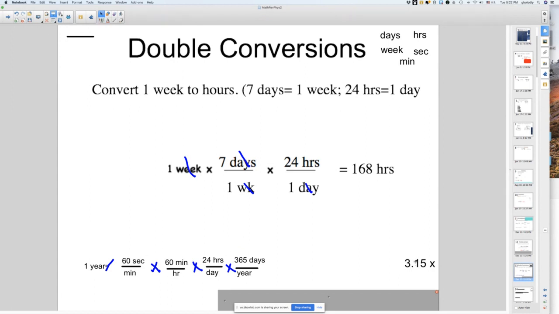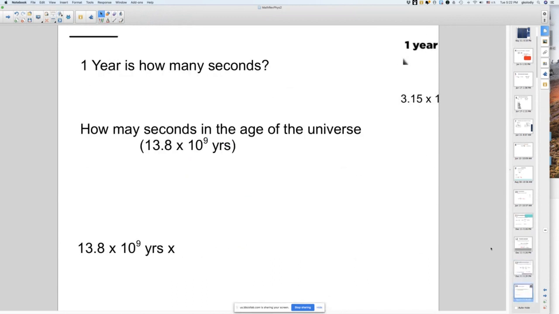And if you do that, you get 3.15 times 10 to the 7 seconds per year. So here's a couple of interesting ones. Well, I think I'm going to skip these already. These are similar, but I'd like to do one other conversion here for you.